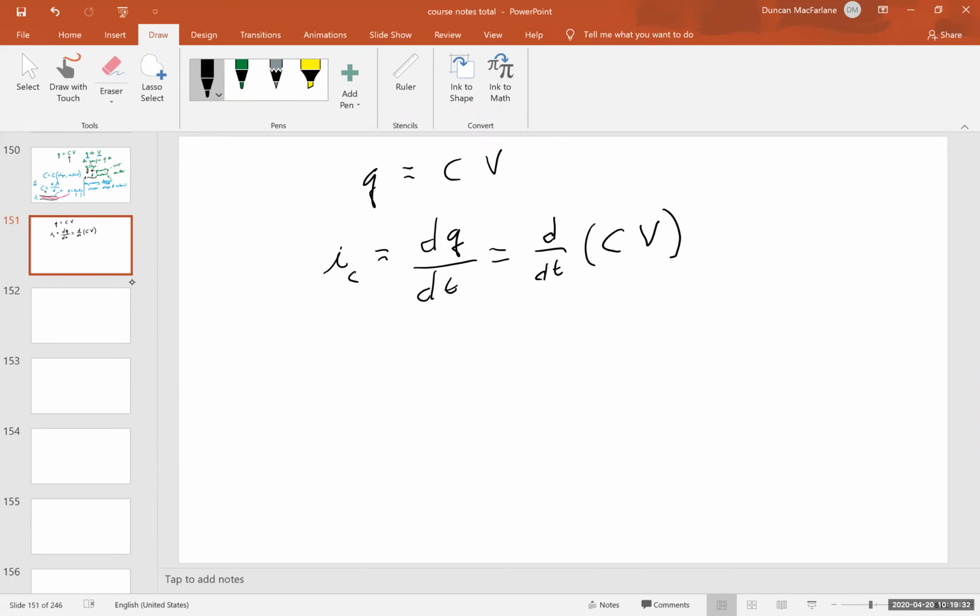I'm going to take d by dt of the right-hand side, and the capacitance is a constant, so I can pull that through the derivative. So now I have I in the capacitor is equal to C dV/dt.